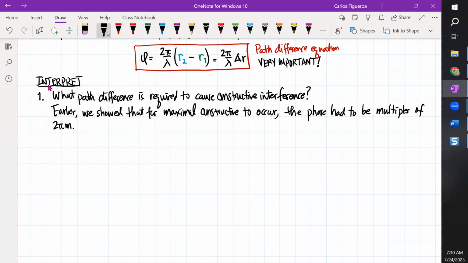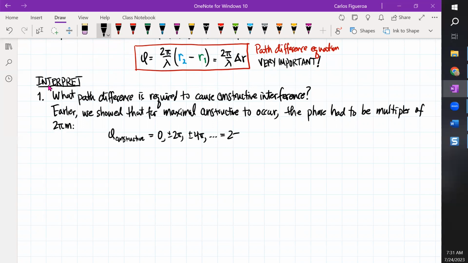So in other words, if I want constructive, the phase has to be 0, plus or minus 2 pi, plus or minus 4 pi.